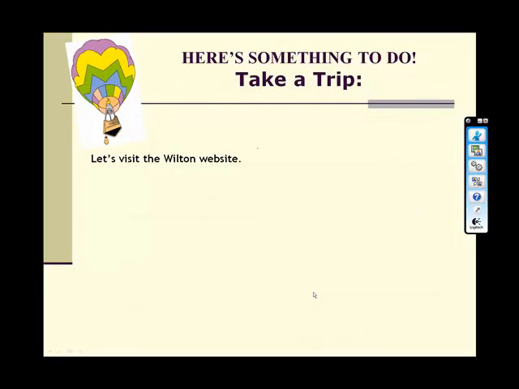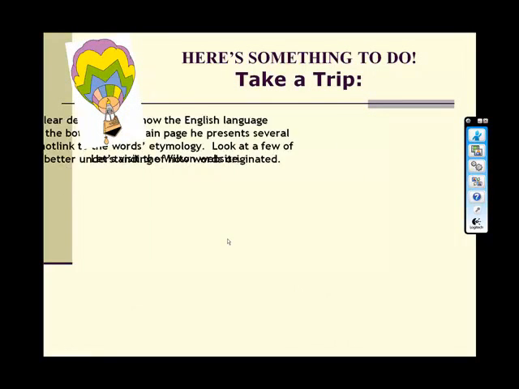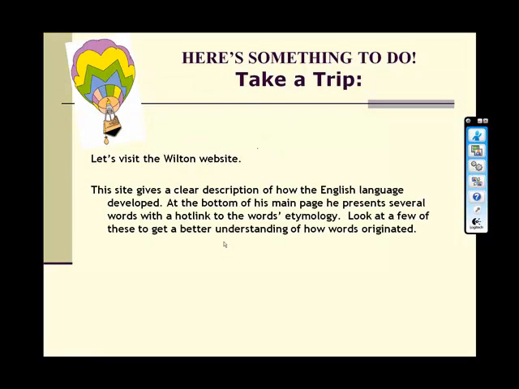Here's something to do. Let's take a trip. Let's visit the Wilton website. This site gives a clear description of how the English language developed. At the bottom of his main page, he presents several words with a hot link to the word's etymology. Look at a few of these to get a better understanding of how words originated.